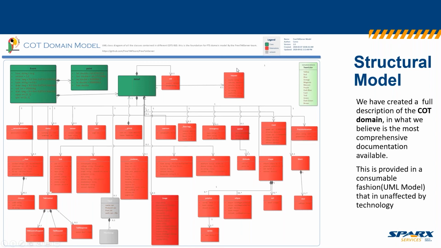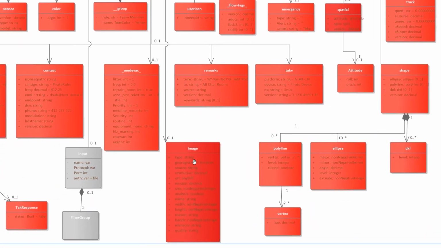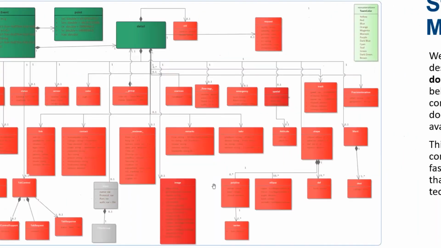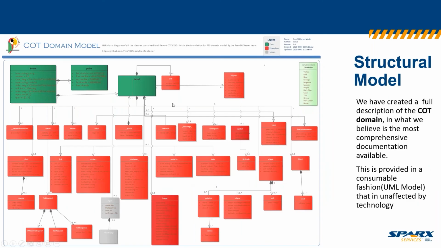Just to get an idea of how complex this is, there are currently 35 extensions in this model alone, each having, well, there are two that have no attributes, but each having one or more attributes. Some, for example, images, here having upwards of 10. So this was a huge amount of work, and as we understand it, this is currently the most comprehensive model or documentation of COT there is.